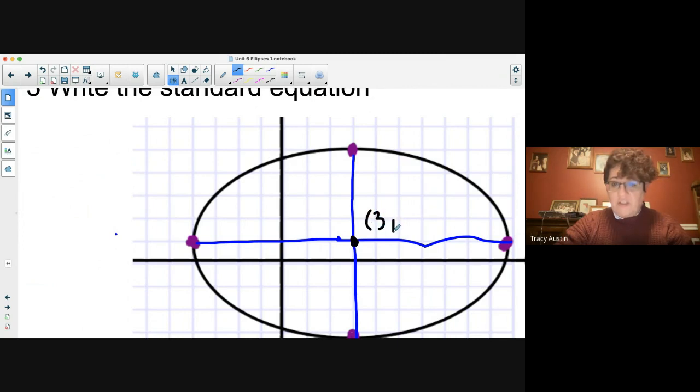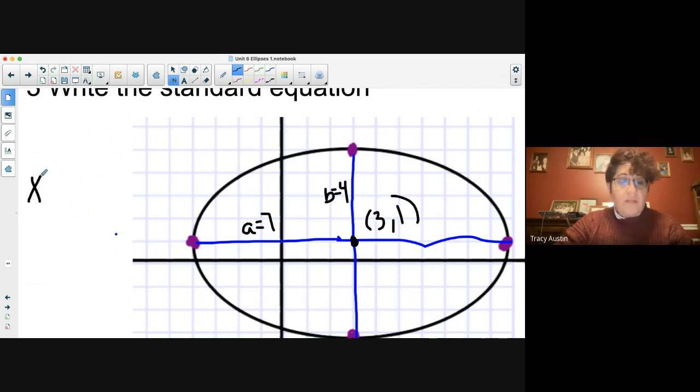So you have your H and K. Okay, and then it's stretched more along the X. 1, 2, 3, 4, 5, 6, 7. So A is 7. And B is 4. Okay, and it is a horizontal one, so the bigger number goes under X.